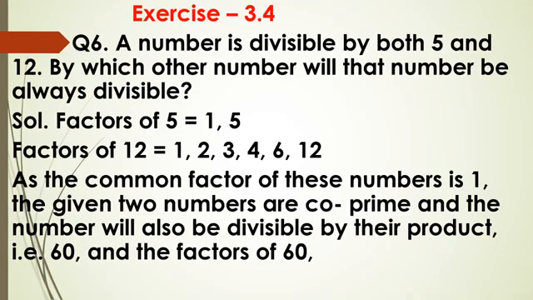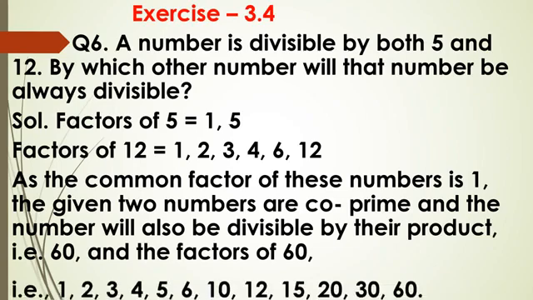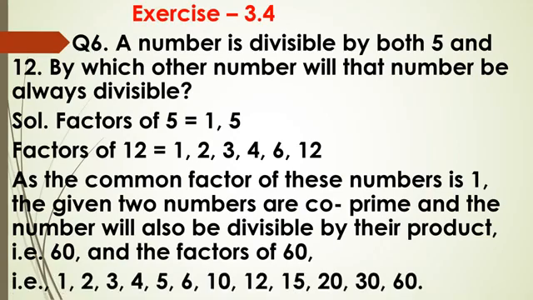If it is divisible by 5 and 12, then it will be divisible by 60 too. And if it is divisible by 60, then it is divisible by all the factors of 60. Factors of 60 are 1, 2, 3, 4, 5, 6, 10, 12, 15, 20, 30 and 60. Okay? Just go through this question once again, you will understand.